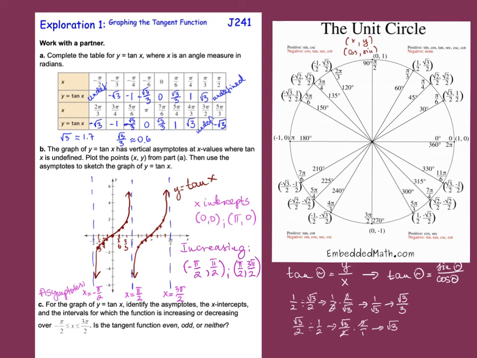I put the parentheses because negative pi over 2 and 3 pi over 2 are not included. The function is going to be odd because if I substitute pi over 6, I get a positive 0.6. If I substitute negative pi over 6 right here, I get negative 0.6. So that means the function is going to be odd.